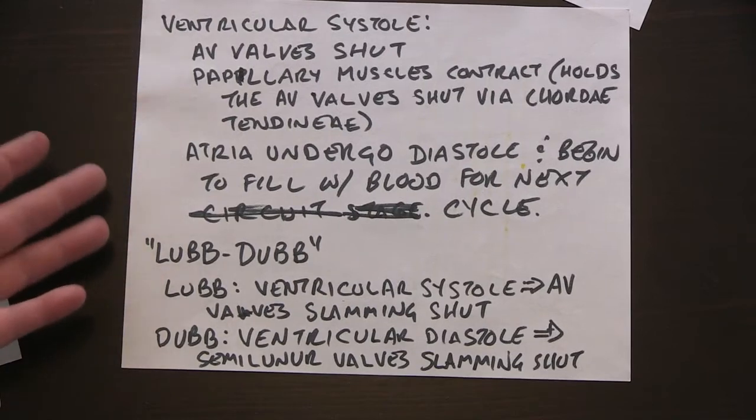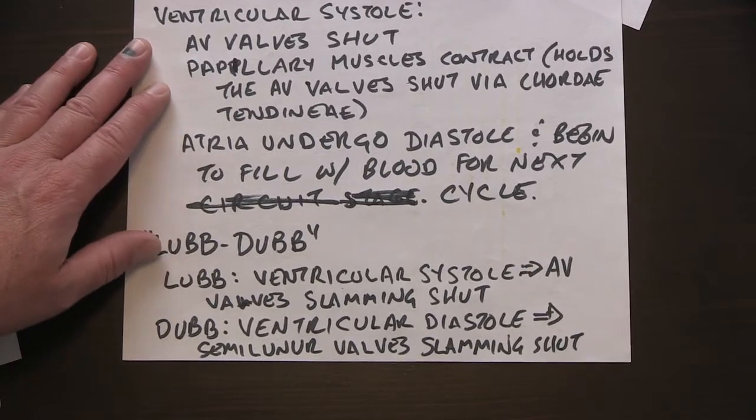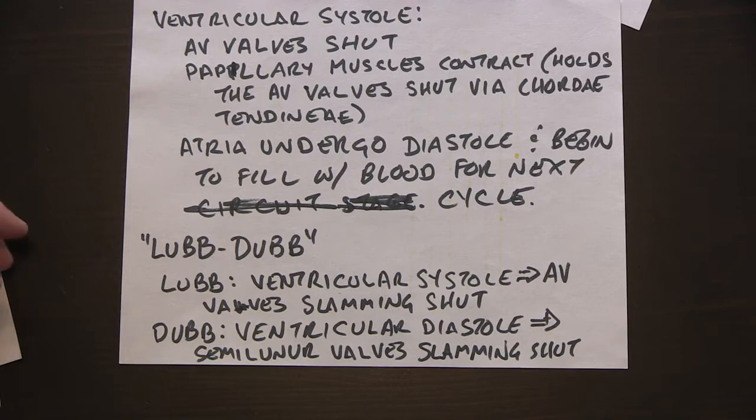So again, it's not the sound of the muscle contracting. The heart itself is not making the sound. It's the sound of the valves slamming shut and then echoing through the blood.